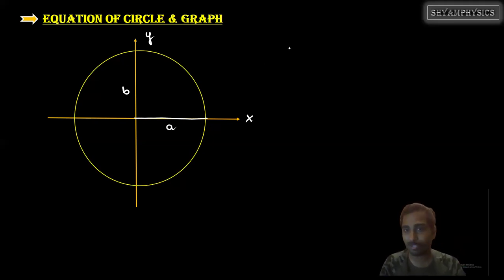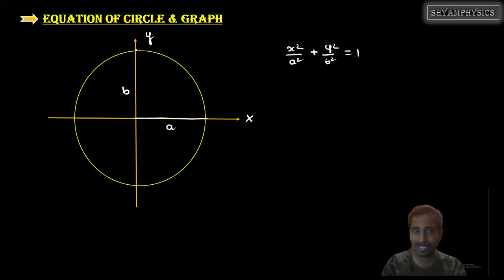For the ellipse, what did you write here? x square by a square plus y square by b square equals 1. Basically, in a circle, a and b are both equal. If they are equal, I can call b as a itself.